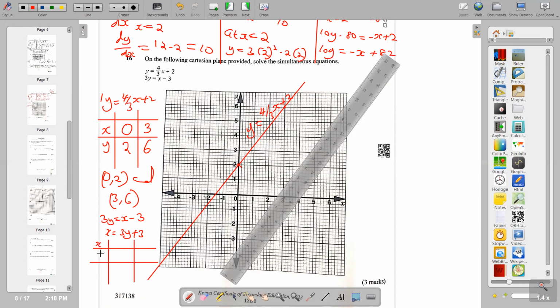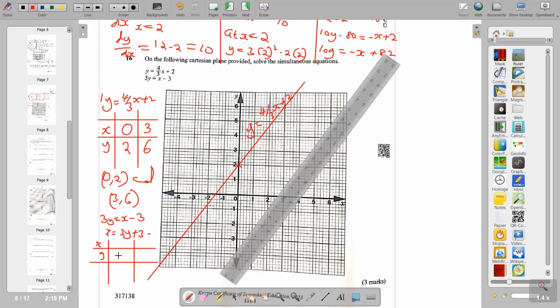So you have x and y. Of course, for this one, you can choose the values of x, or you can choose the values of y because you need to find x. You can choose the values of y according to this second equation. Just choose the values of y, and the values of y must be from -3 to 6.